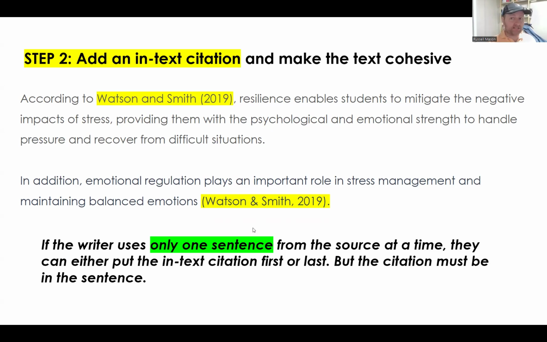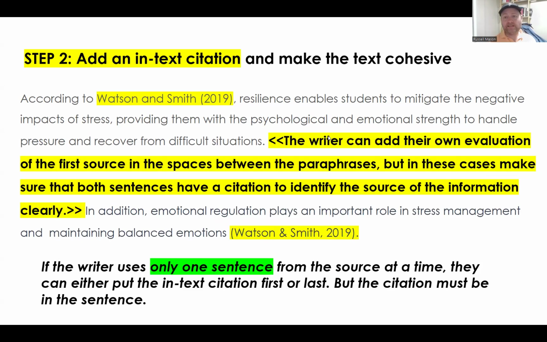So that's for one sentence from an article, and then it could be followed by a sentence which is the writer's own evaluation. And then again, you would need to cite the citation in the next sentence. This indicates that the first sentence comes from the research article.